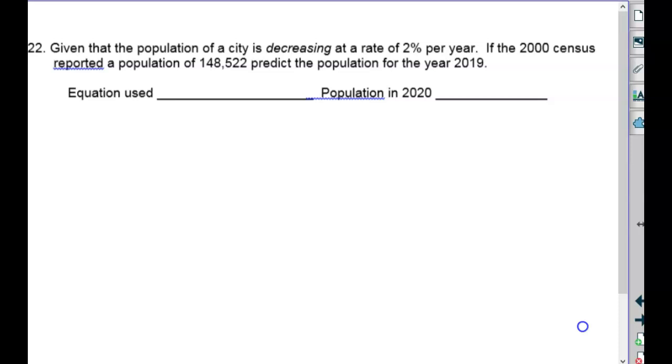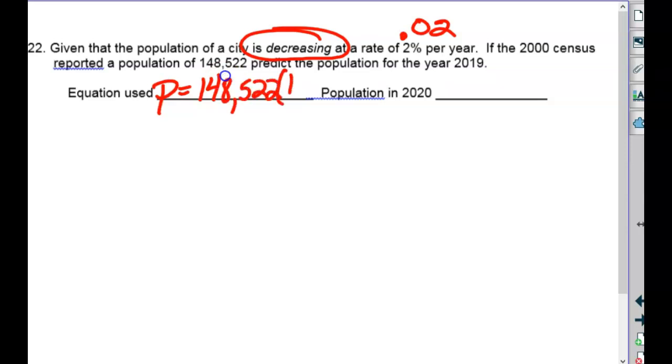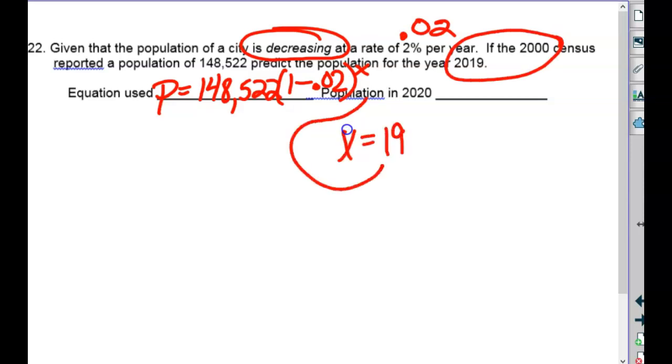Number 22 says, given that a city population is decreasing at a rate of 2% or 0.02, so the original population was 148,522 times 1 minus 0.02 to the x, or we're going to end up putting in 19 years later.